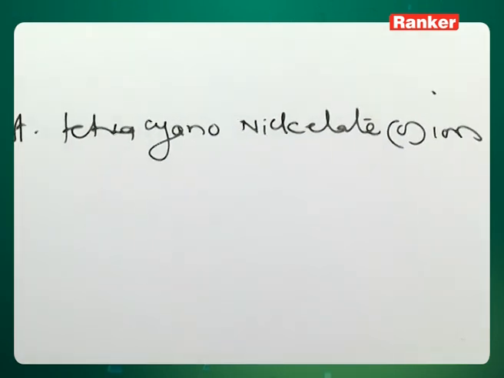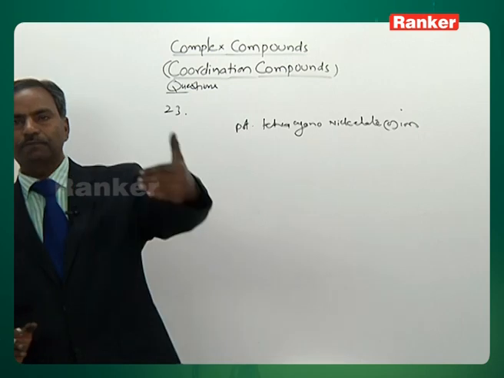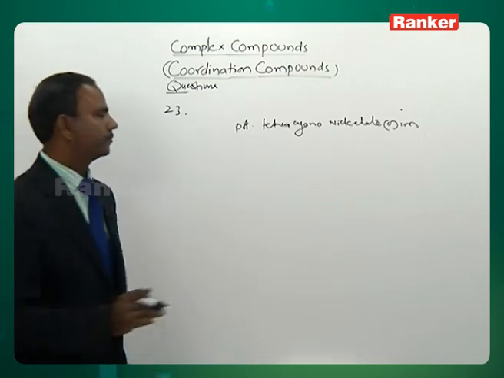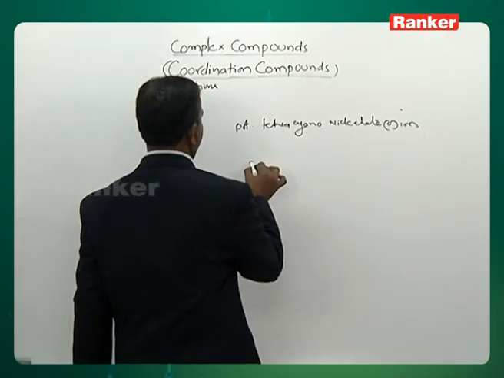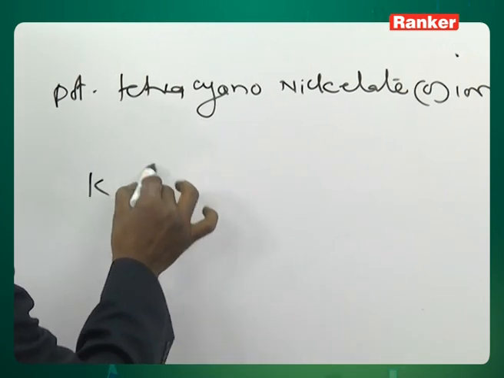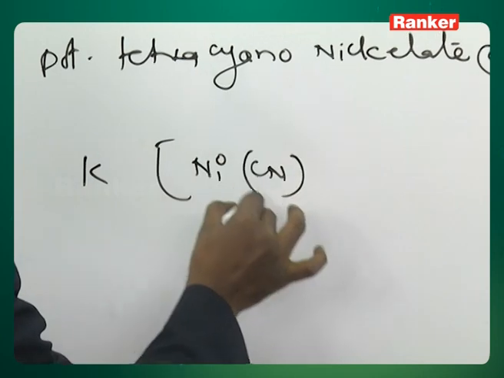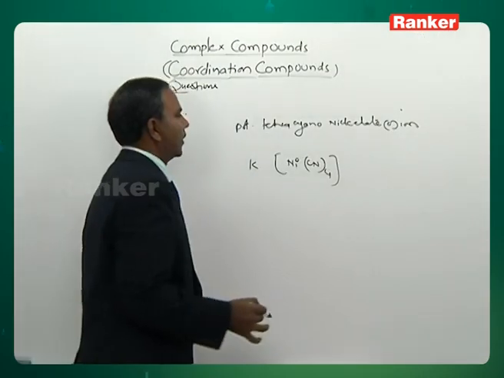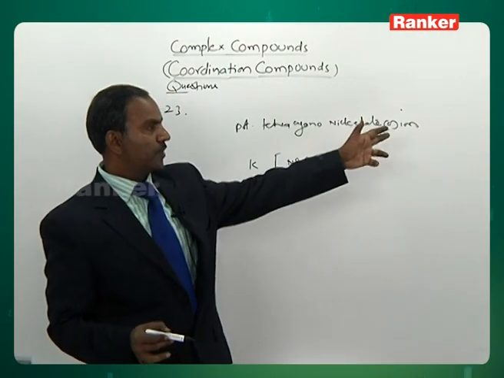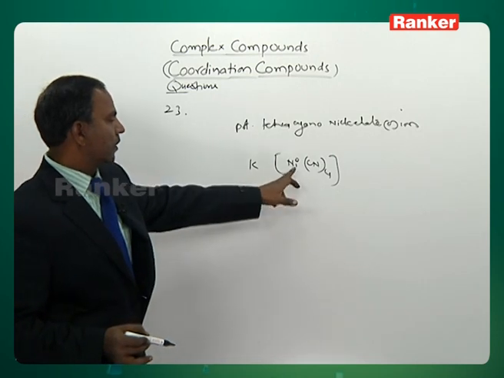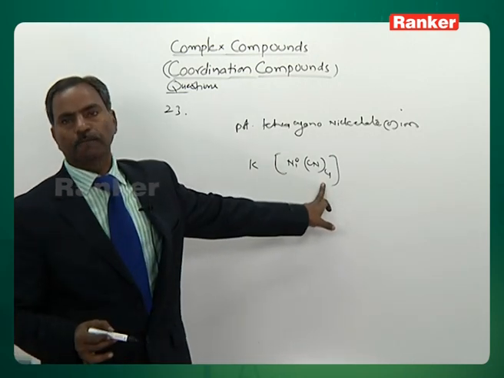Let us first write the formula of the complex. Next, let us see the options. Potassium is said, let us write K, and nickel, tetracyano. Nickelate(0) is said. 0 means nickel, 4 negative charges are there.